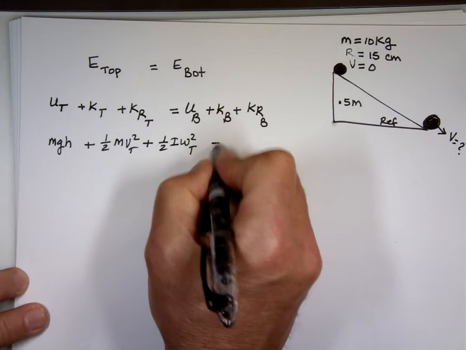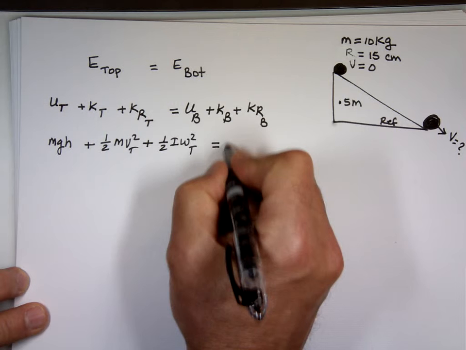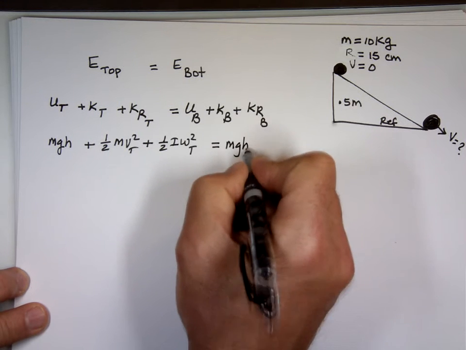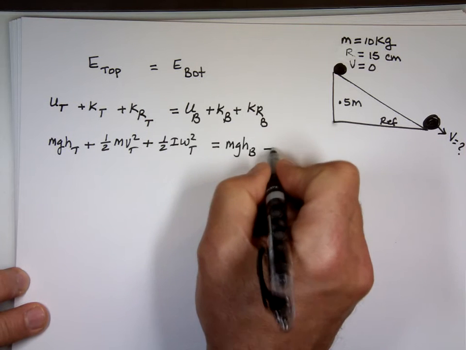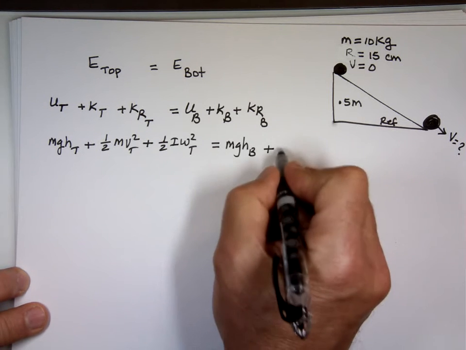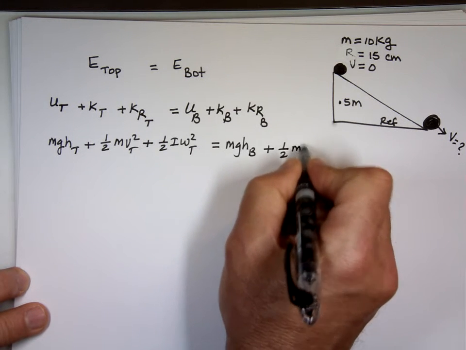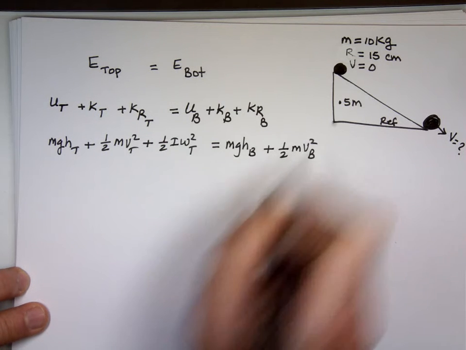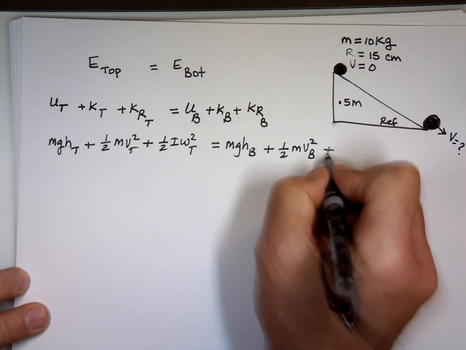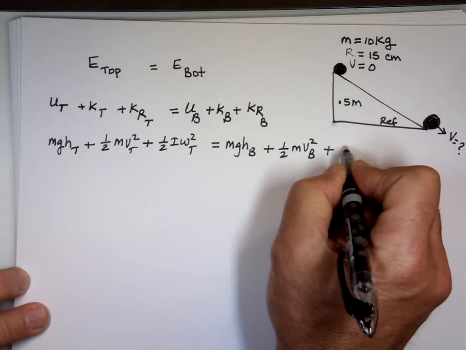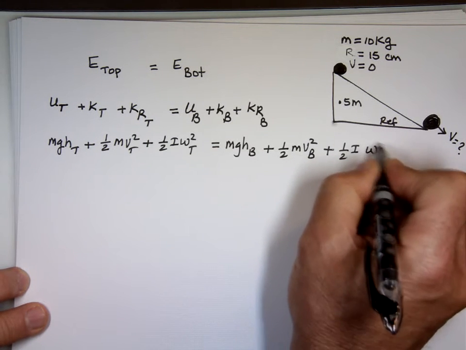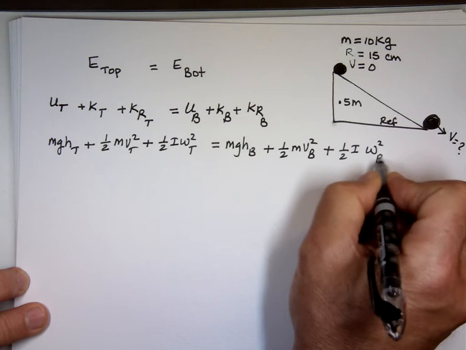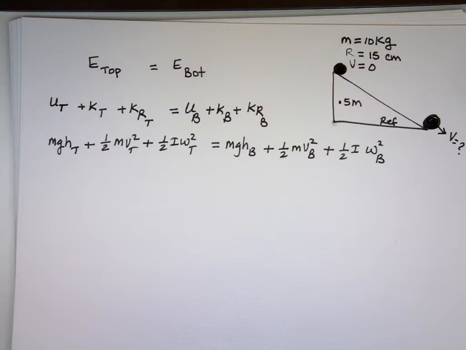It should equal the potential energy at the bottom, mass times gravity times height, the bottom height, plus the kinetic energy at the bottom, 1/2 the mass times the velocity at the bottom squared, plus 1/2 I ω squared at the bottom. That's the rotational.